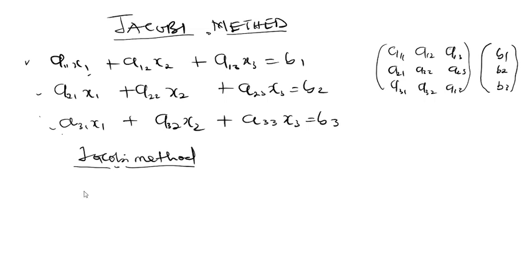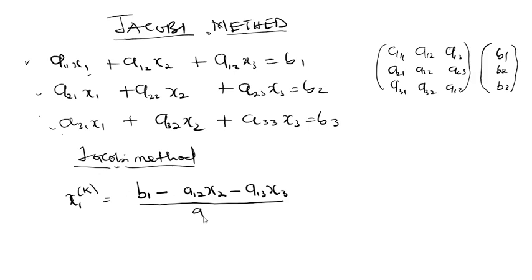So in this case we have x1 exponent k equal to b1 minus a12x2 minus a13x3, all divided by the coefficient of x1, which is a11.